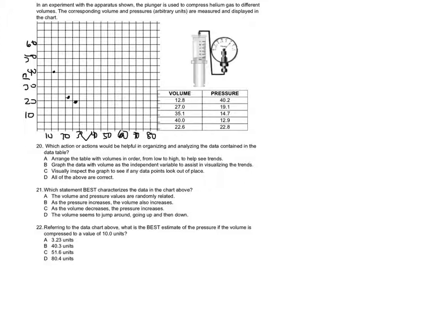Something like that. And then the next number is 35.1 and 14.7. So 35.1, thank goodness, is almost right on this line here. That's pretty easy to graph. And then 14.7 is really close to 15, so you're kind of right up in that corner right there.